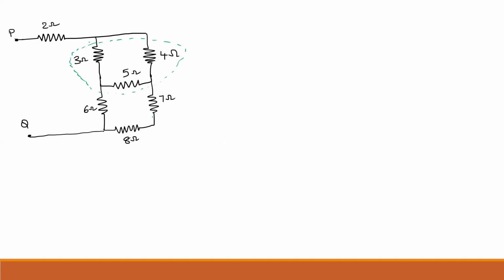First, anyway, if possible, you try to simplify the circuit if two resistors are in series or parallel. I didn't do any simplification immediately. First, I looked for series parallel combinations. Yes, here I have 7 and 8 connected in series.